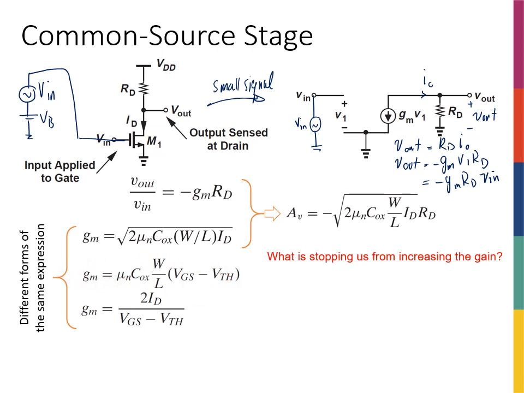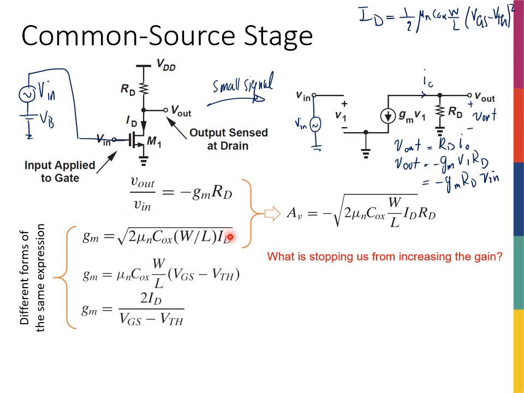But you can see that if I write ID in saturation, which is equal to 1/2 mu n Cox W over L times (VGS minus VTH) squared, then if I multiply this expression by 2, so 2ID, and then divide it by VGS minus VTH so that the square goes away, 2ID divided by VGS minus VTH is going to give you this expression. So I can write gm equal to 2ID over VGS minus VTH.